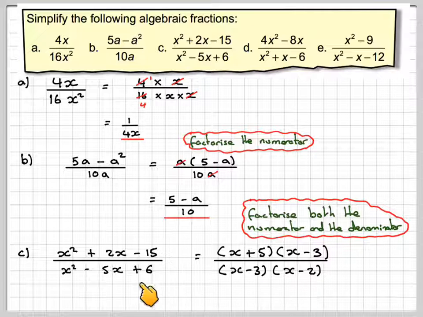The minus minus will give me the plus 6, and the minus 3 and the minus 2 will give me the minus 5x. Right, now look here, we see we have an x minus 3 here and an x minus 3 here, so they both cancel out, so we're just left with, in the numerator, x plus 5, and in the denominator, x minus 2.